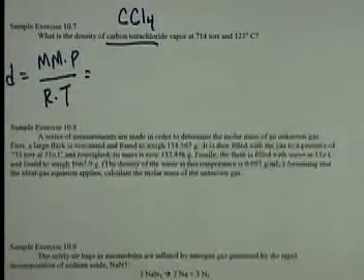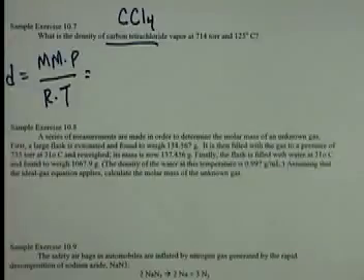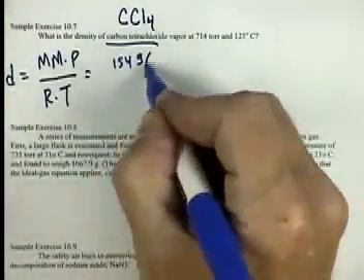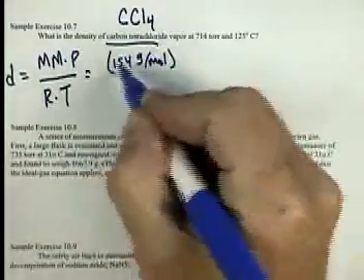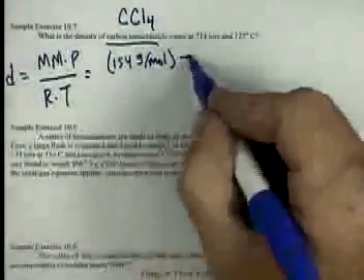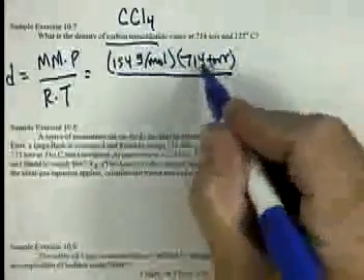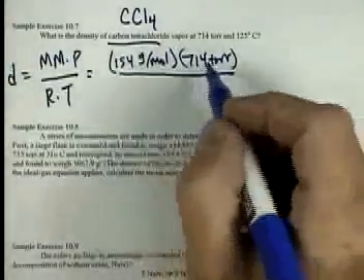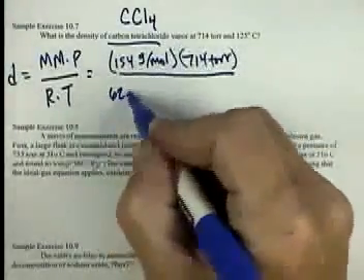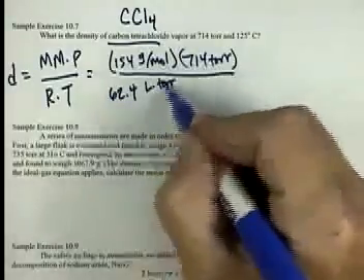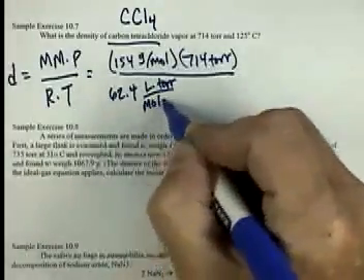So the molecular mass of carbon tetrachloride, when you add up 1 carbon and 4 chlorines, is 154 grams per mole. The pressure is 714 torr. R for torr, the universal gas constant for torr, is 62.4 liters times torr per mole times Kelvin.